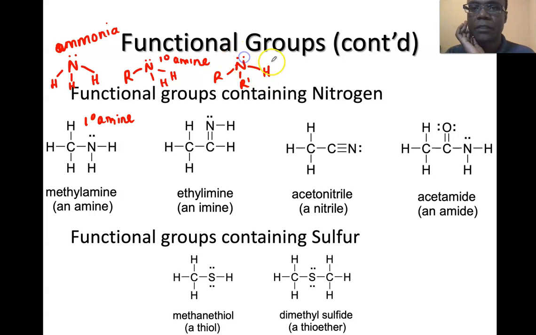So the moment we replace 2, this becomes a secondary amine. And then when all the hydrogens are replaced by carbons, for example, there's a carbon directly attached to the nitrogen, I'm going to use R groups to generalize, R1, R2 and R3. This will be a tertiary amine.